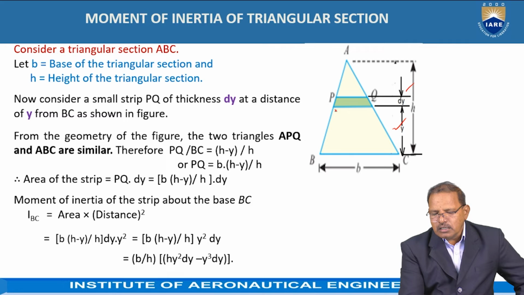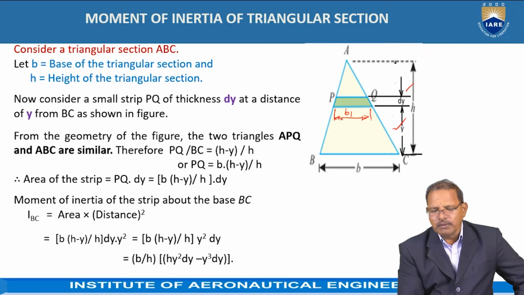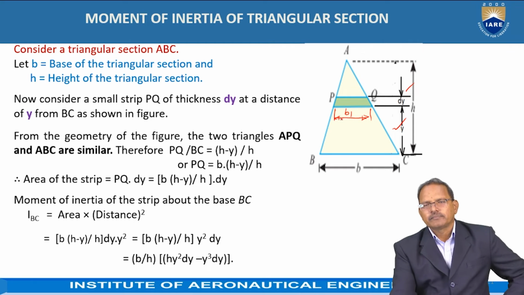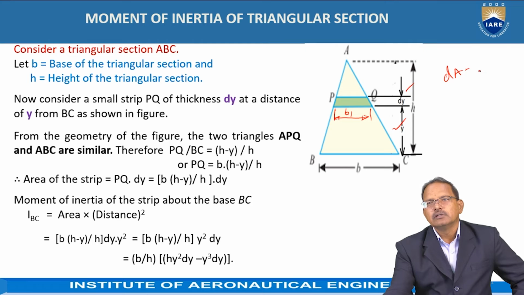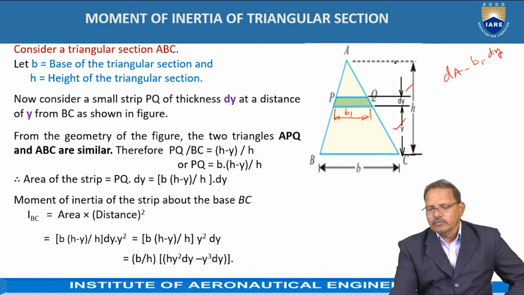Let the breadth of the strip be b1. Now the small area possessed by the strip is equal to length b1 into thickness dy.